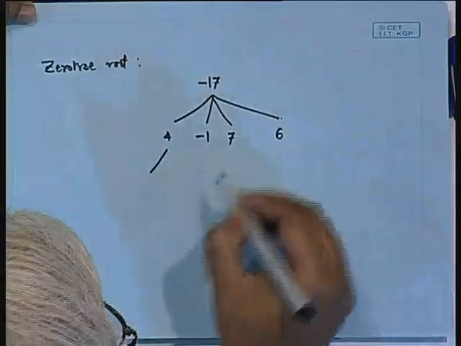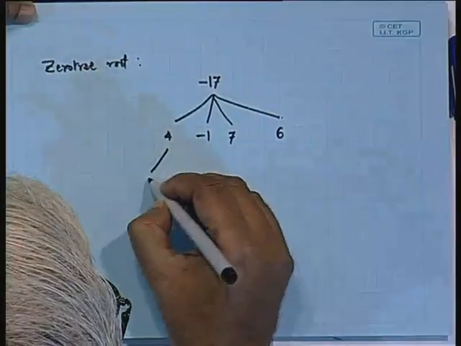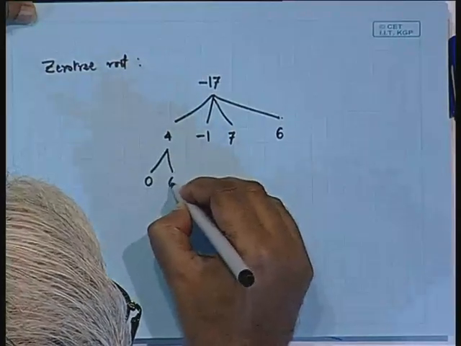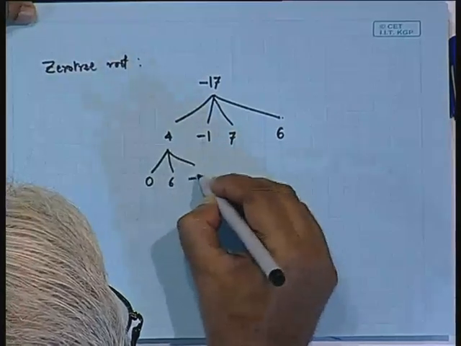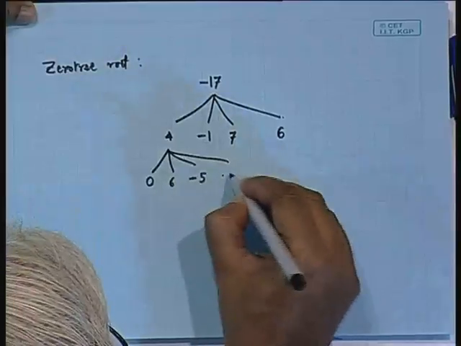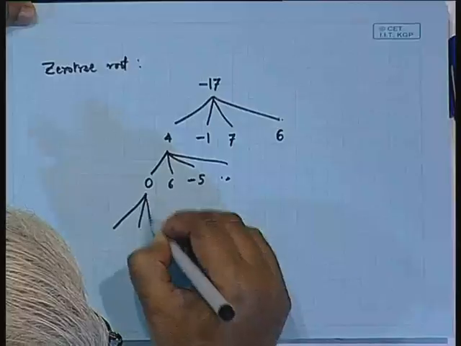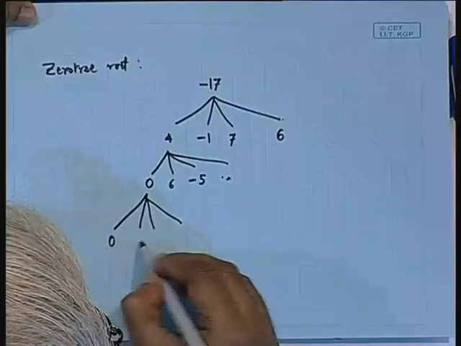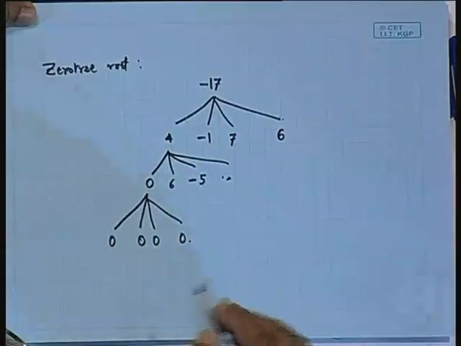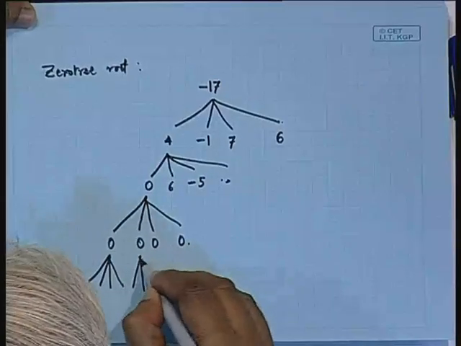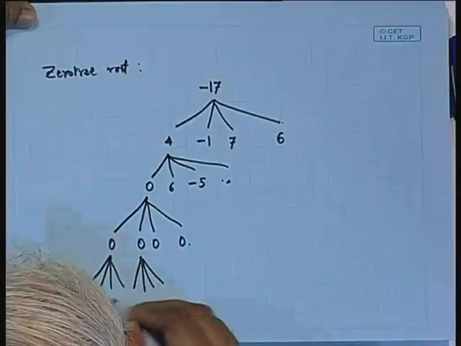Now, supposing one of its descendants is 0, then 6, minus 5, etc. Now, when I explore this, I find that all its descendants are zeros. If I explore each of these, I find that all of these are zeros.